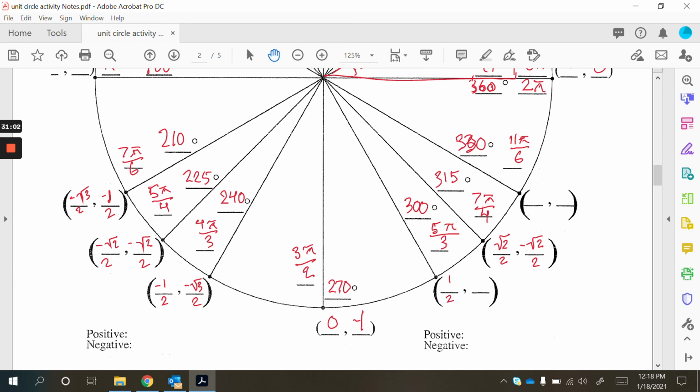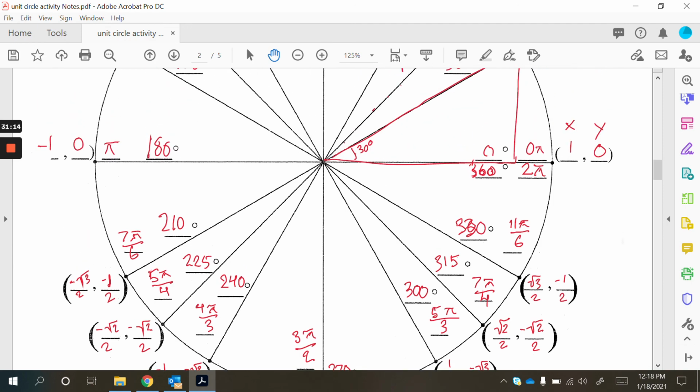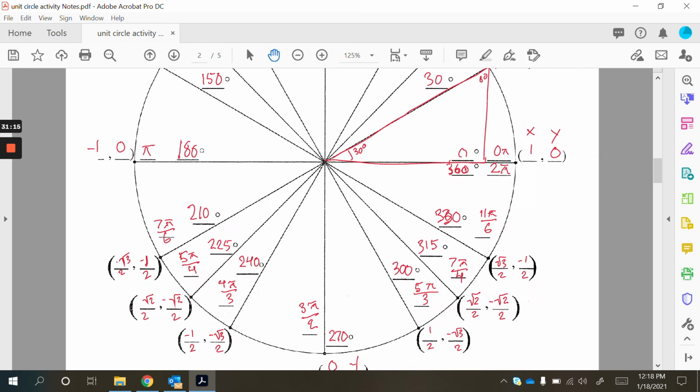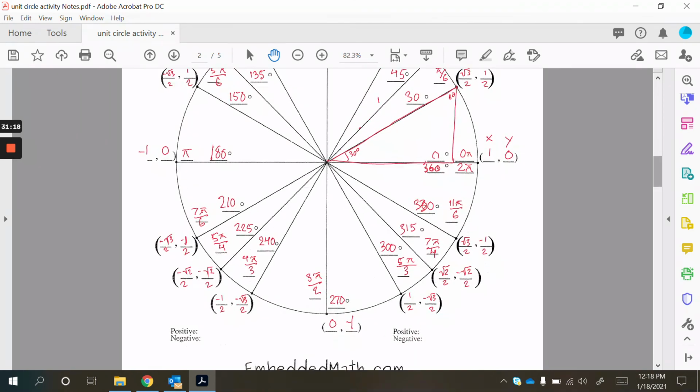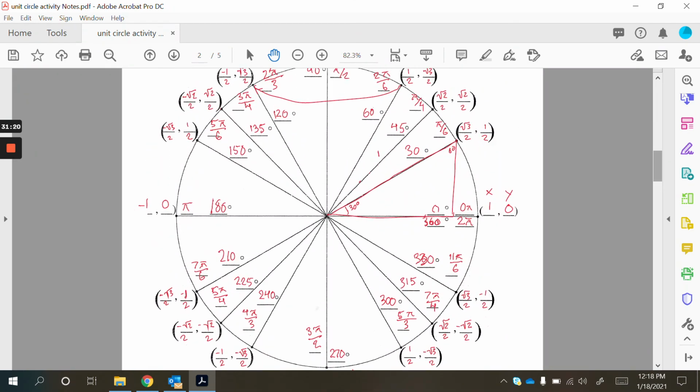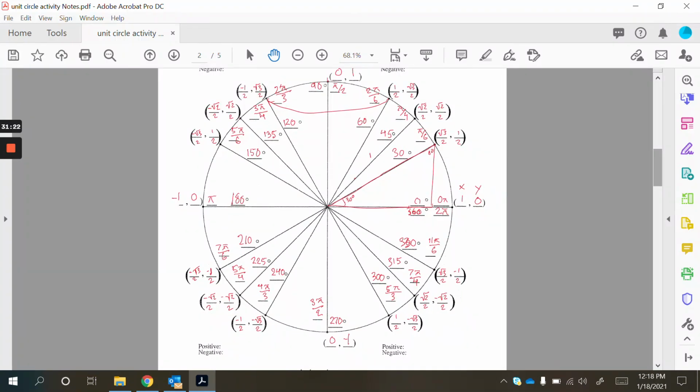Forward 1/2, but still down square root 3 over 2. Forward square root 3 over 2, but down 1/2. And there we go. A completed unit circle with all the explanations as to where our numbers came from.